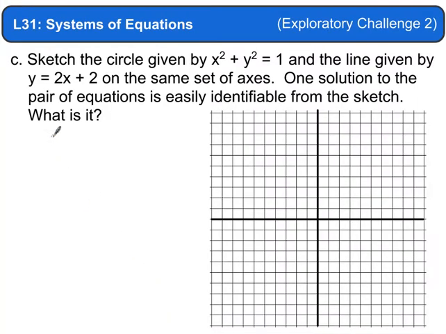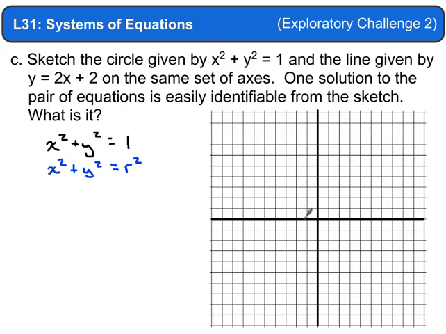So our circle, they tell us, is x squared plus y squared equals 1 squared equals 1. Remember, our equation of a circle is x squared plus y squared equals r squared. So that means if I was to take the square root of this number, it would still be a 1. So I know that my radius is going to be a 1.